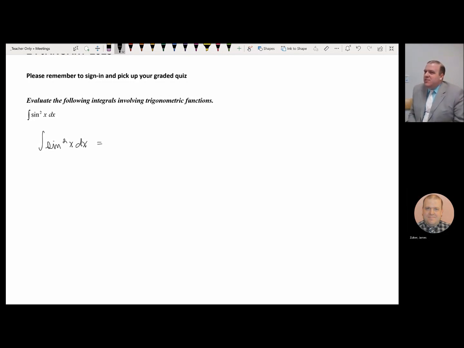We can use the sine reduction identity. So sine squared of x is 1 minus cosine of 2x all over 2. That is the sine reduction identity from trig. And of course, that is on the review of pre-calculus sheet that you have in the Teams files that you'll be able to use all the time.